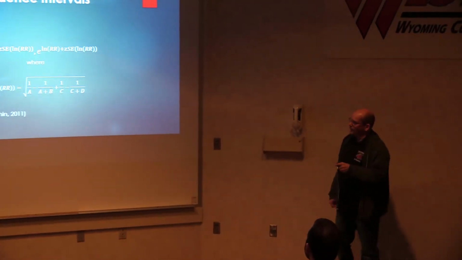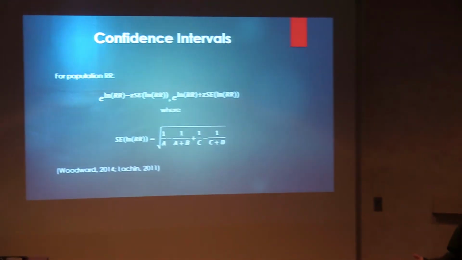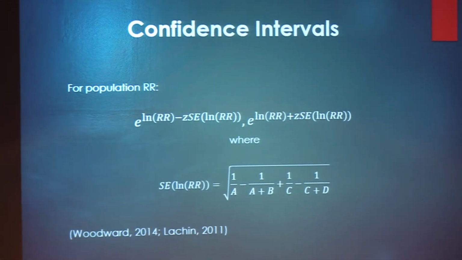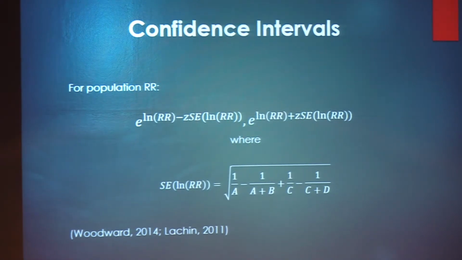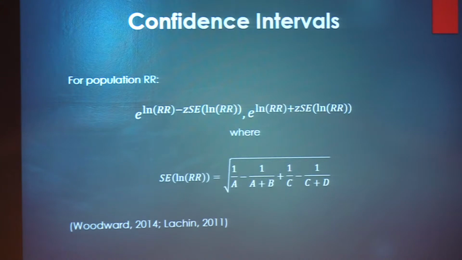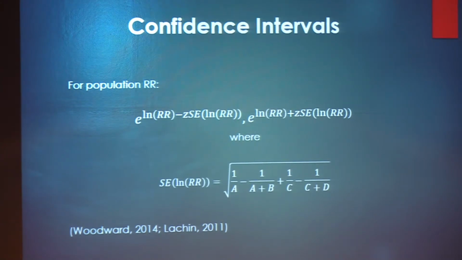So this is how these confidence limits look like. It's a little bit scary when you first look at it. There's logarithms in there. There's exponential stuff in there. There's SE, which is the standard deviation for your estimator. And you plug all that stuff in, you calculate, you suffer through it, and you can get your limits. Or you can use an online calculator. I just wanted to talk a little bit about the logarithm, why it's really needed here.